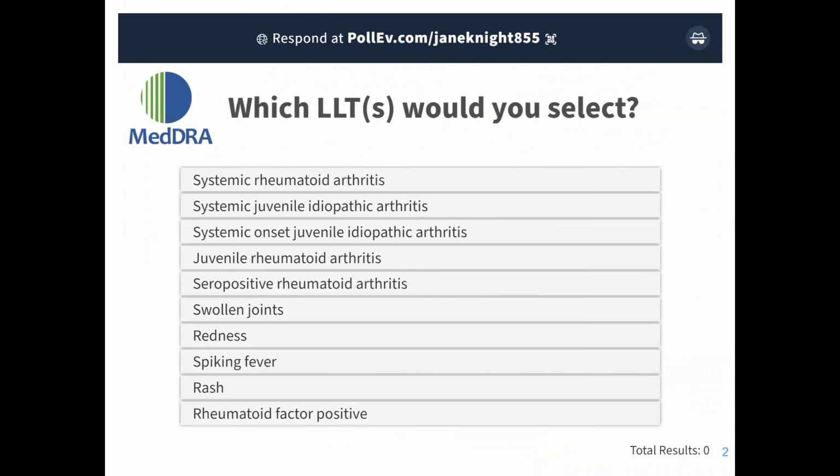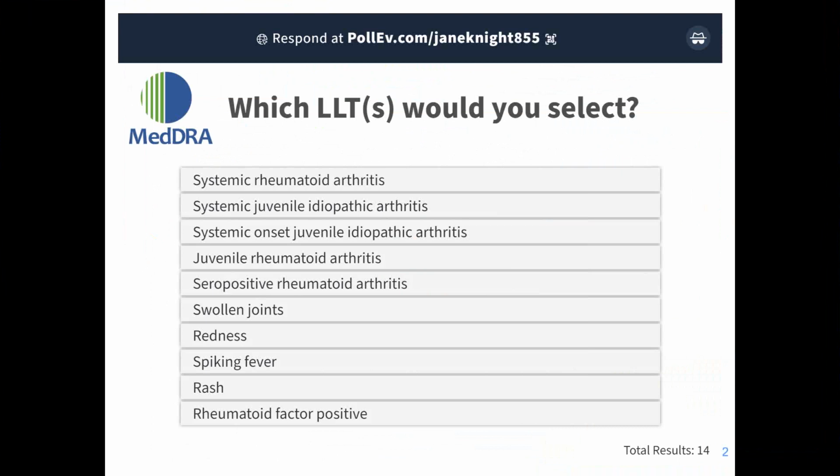Again, your turn. Quite a number of choices here. So which one or which ones would you select? Jane has also put this verbatim in the chat. It was too long to include it in this poll here. Systemic rheumatoid arthritis would be an option.